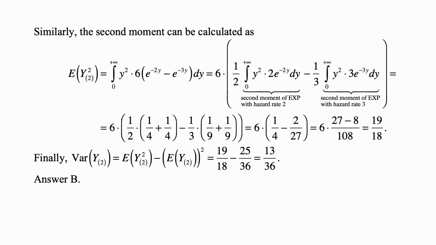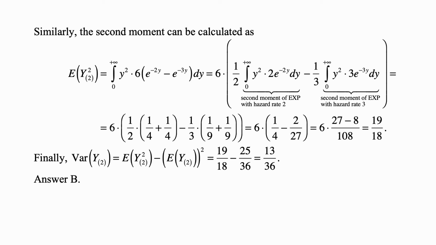And therefore, this whole expression is the second moment of the exponential distribution with hazard rate of 3, which is equal to the sum of the variance of that distribution and the square of the first moment. The variance is the square of the mean, so it's 1/9, and then the square of the mean is 1/9. So this becomes minus 1/3 times (1/9 plus 1/9).